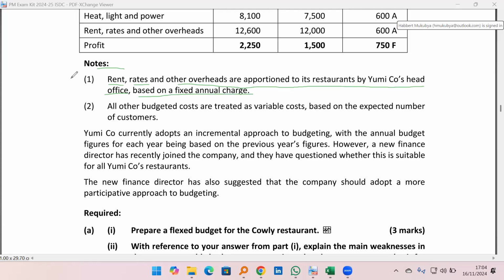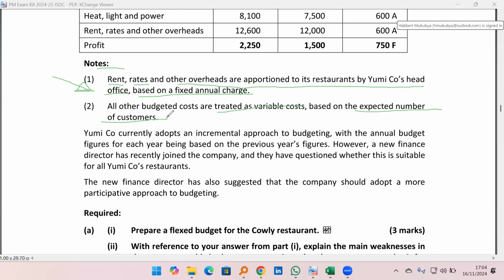So which means that for these three things, it doesn't matter the activity, because they send you a fixed annual charge per restaurant. Then all other costs are treated as variable costs based on expected number of customers, which is what you expect for the variable costs.